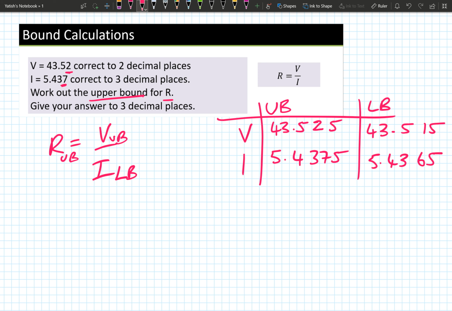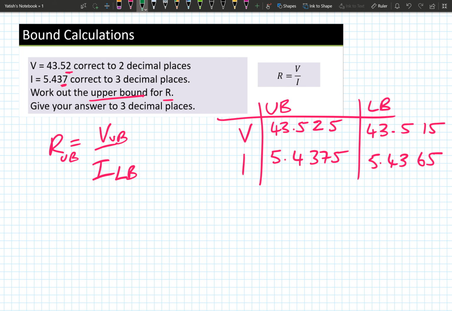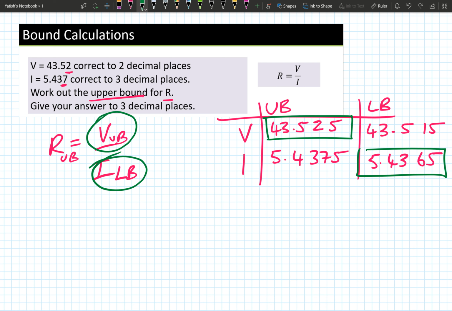And now I want the upper bound of V and the lower bound of I. So the upper bound of V and the lower bound of I divide them together, 43.525 over 5.4365.